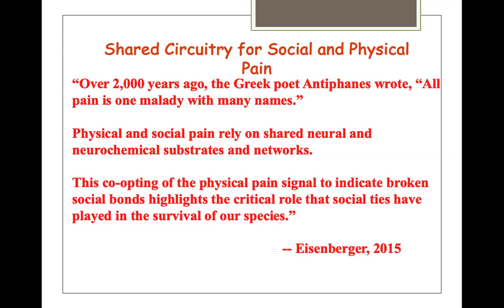And it turns out that the brain has a shared circuitry for social and physical pain, that your brain cannot tell the difference between physical and social pain. It all gets mixed up together in the anterior cingulate cortex and gets delivered to the frontal cortex as a package that says, I'm in pain.